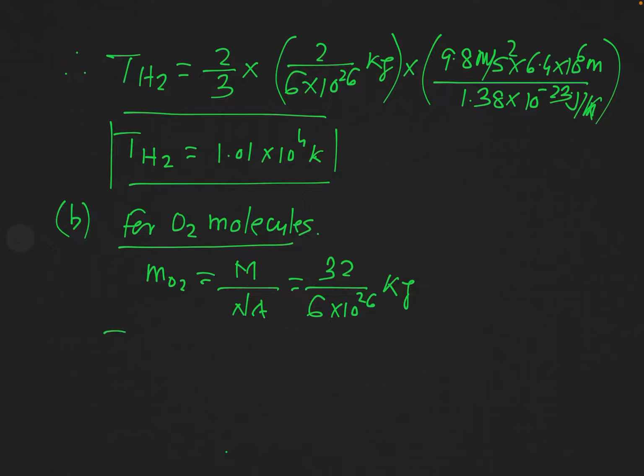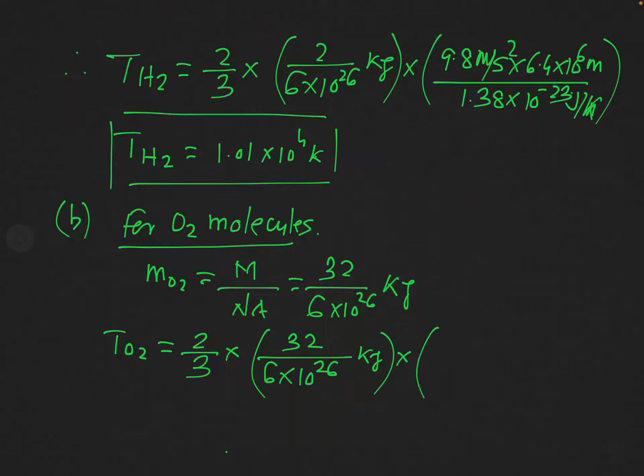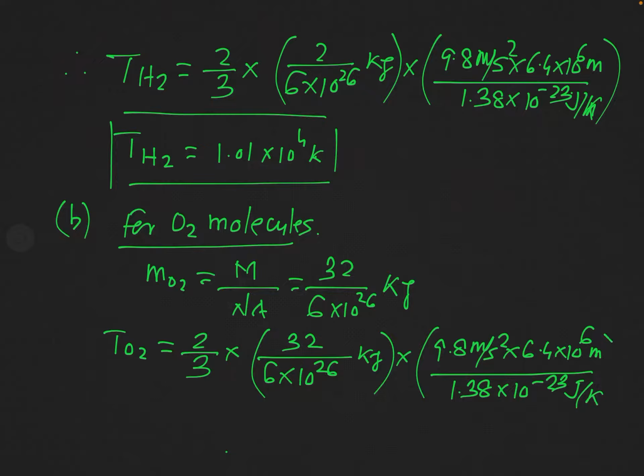So you can see in this case the temperature of oxygen gas for its molecules to leave the surface of the earth will be 2 over 3 times 32 over 6 into 10 to the power 26 kg, times g, which is 9.8 meter per second square, and r, which is 6.4 into 10 to the power 6 meter, over the Boltzmann constant, 1.38 into 10 to the power minus 23 joule per Kelvin.